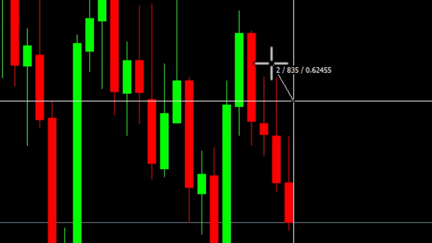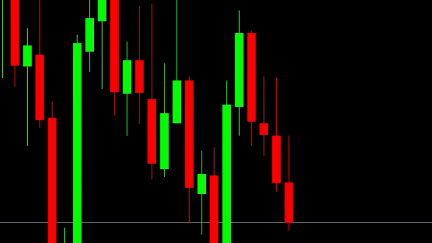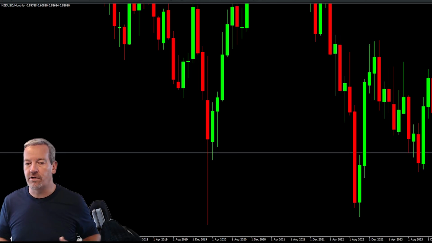Our stop loss was at 0.6222, which is in around about here, and that was about 60 pips, 65 pips, and our profit target was in here at 0.5905, which was down in around about there, 257 pips. You can see the exact trade down here, but you get the idea of the reward to risk involved there.